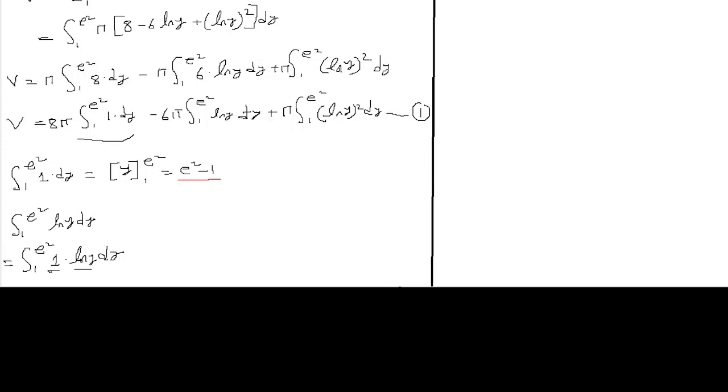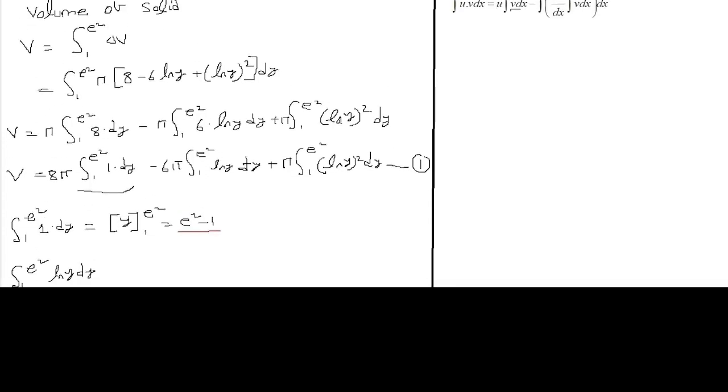So if we apply the integration by parts into this expression, then it is going to give us ln y into integration of 1 dy minus integration of differentiation of ln y into integration of 1 dy, the whole integration.